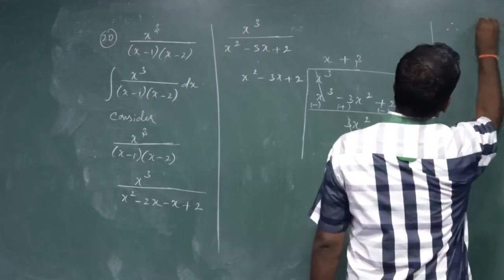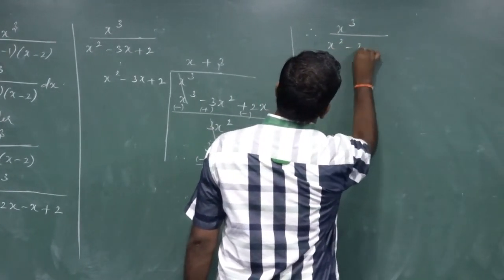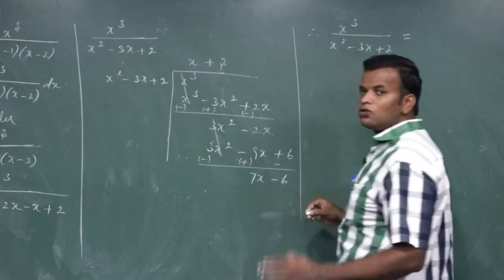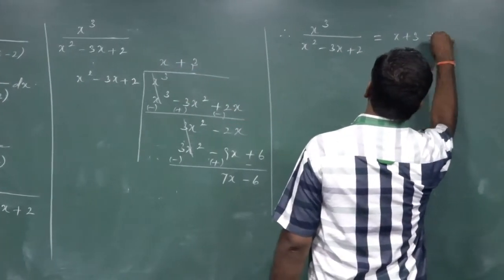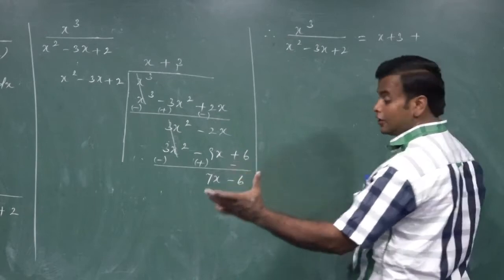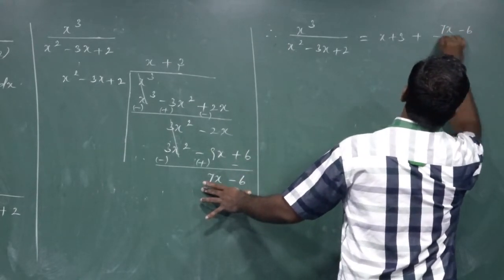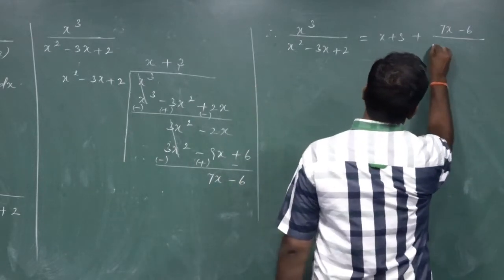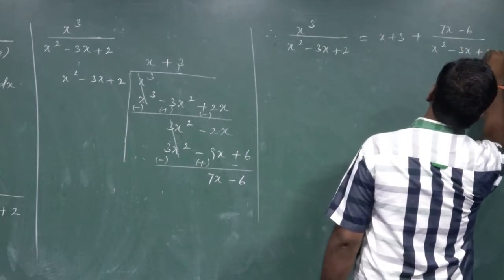Therefore x cubed divided by x squared minus 3x plus 2 equals the quotient, which is x plus 3, plus the remainder 7x minus 6 divided by the divisor x squared minus 3x plus 2.